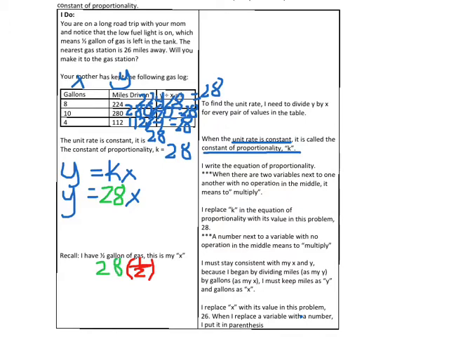When I have two numbers right next to each other with nothing in between, but one of them or both are in parentheses, that again also means to multiply. That's why it's so important to substitute into our equation using parentheses. 28 times 1/2, that's 14. My y is 14. So I know that I can travel 14 miles.